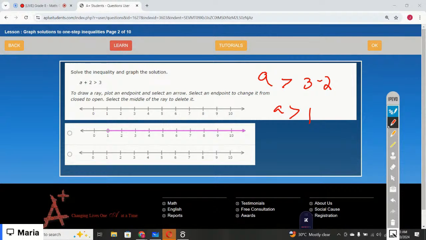A is greater than 1, right? So the correct option is option number 1. Option number 1 is the correct option.